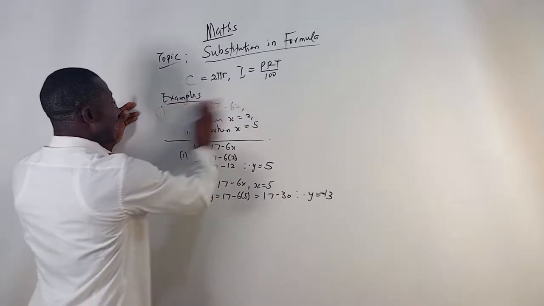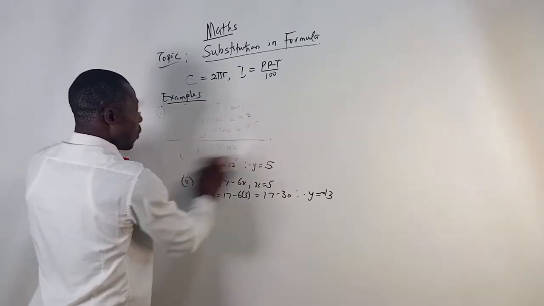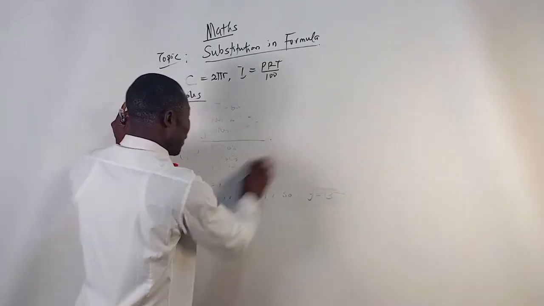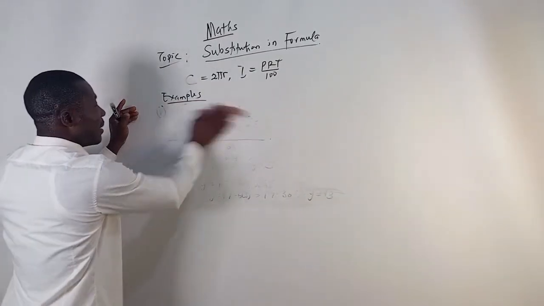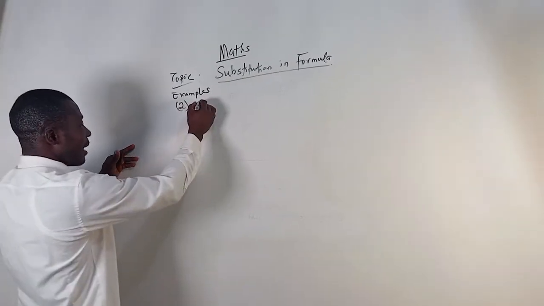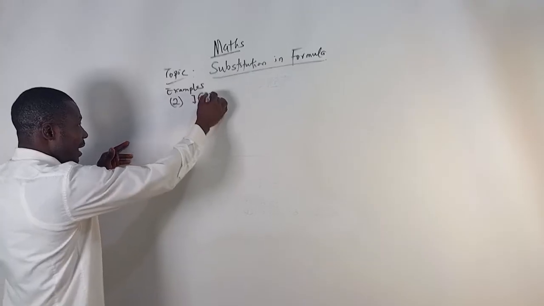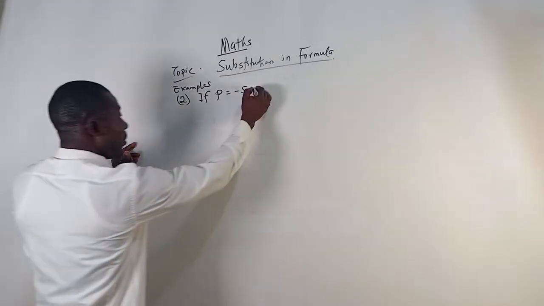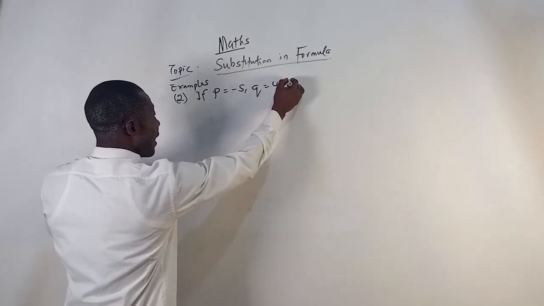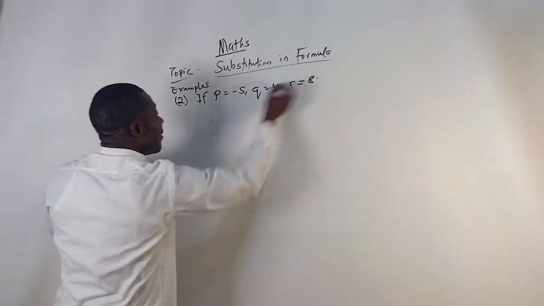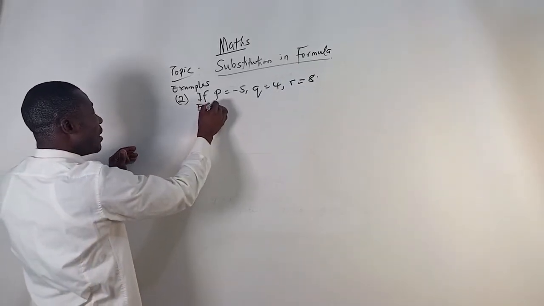Let's take another example, which will be our example 2. The question says, if p equals minus 5, q equals 4, and r equals 8, we are now asked to evaluate.